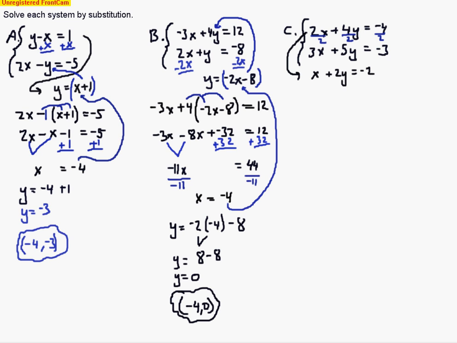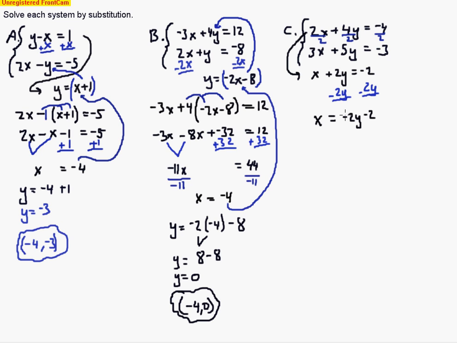Still have to do one more step, and that is to move this 2y to the other side. So I'm going to do an opposite operation, minus 2y. So now I can rewrite the equation, but it's solved for x, so we can go ahead and use that substitution method. So x equals negative 2y minus 2.